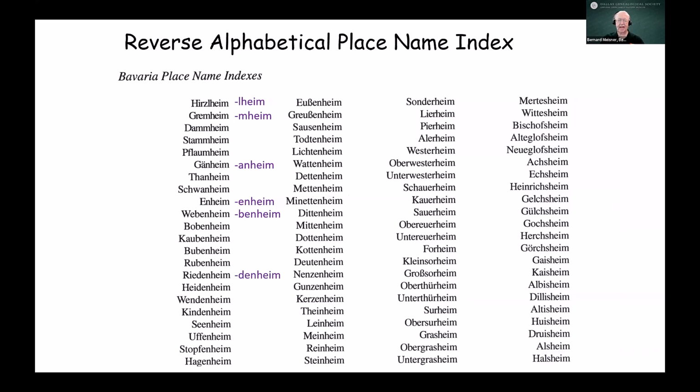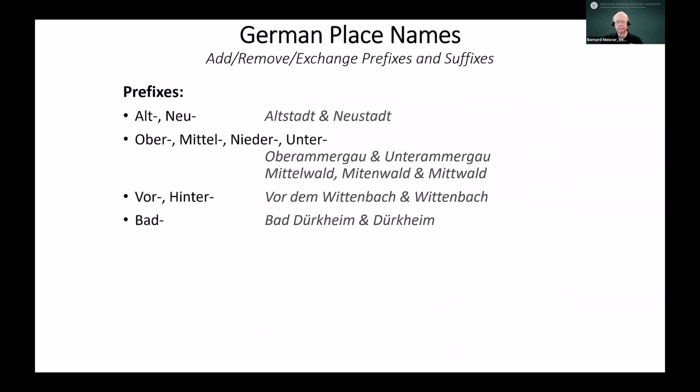The D-E-N-Heims, the E-E-N-Heims, the F-E-N-Heims, and it continues on, as you can see. And it's on the next page is where my Pusselsheim is. So that's these reverse alphabetical indexes, which can help you figure out what might be the correct spelling of the name if you can't read the whole name.